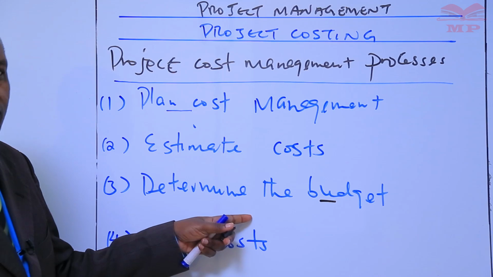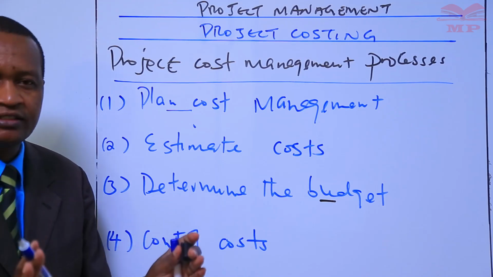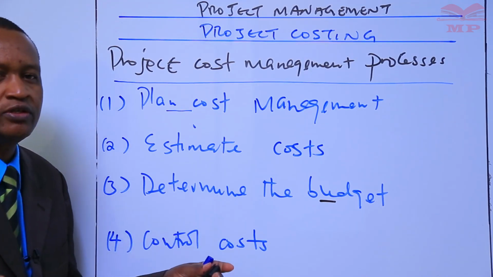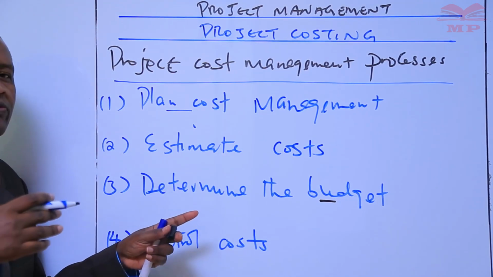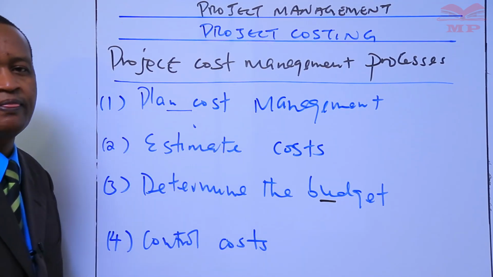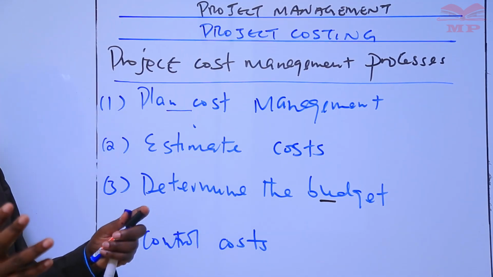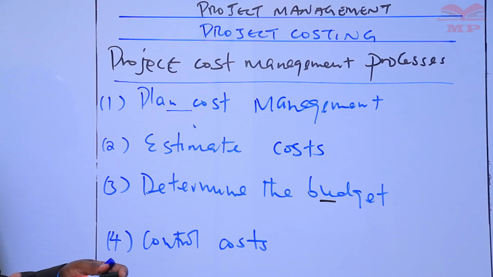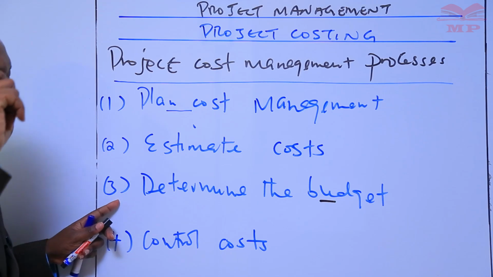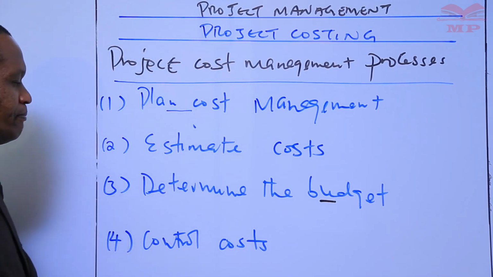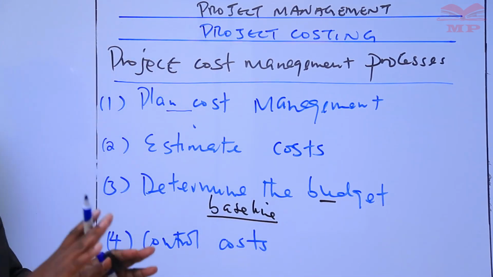The process of determining the budget is a process of aggregating, summarizing and putting together the estimated costs of individual activities or work packages to establish an authorized baseline. An authorized baseline.